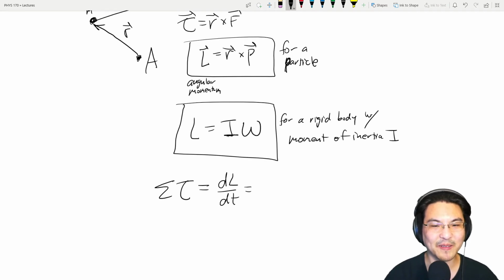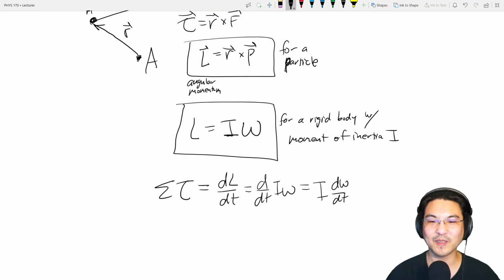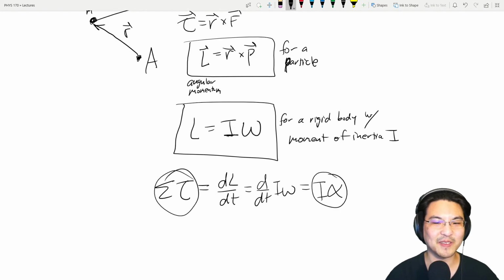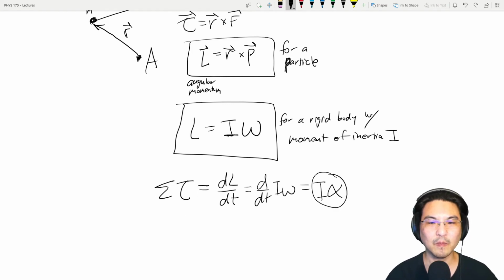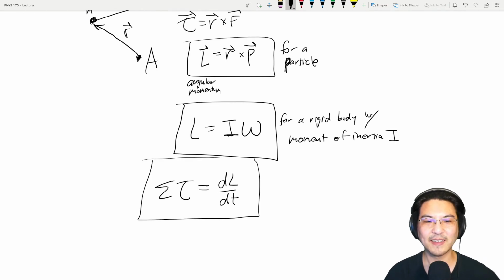If you just substitute I omega, and let's assume the moment of inertia is constant for this example, then d omega dt. What's the time derivative of angular velocity? Angular acceleration. So that's how we started off Newton's second law for rotation. Now that you know angular momentum, it's like this. All right, so that's Newton's second law for rotation.